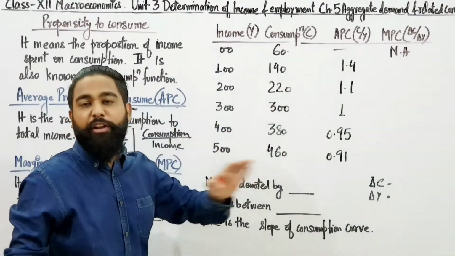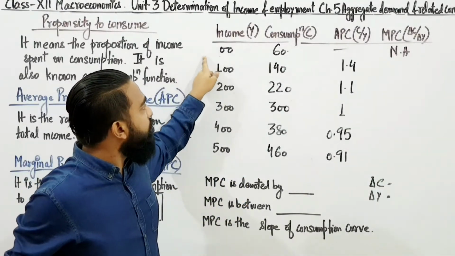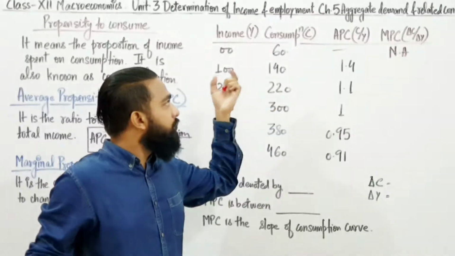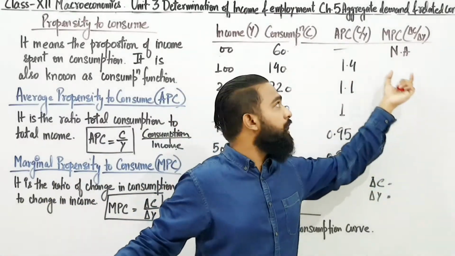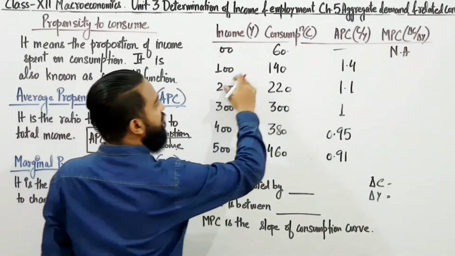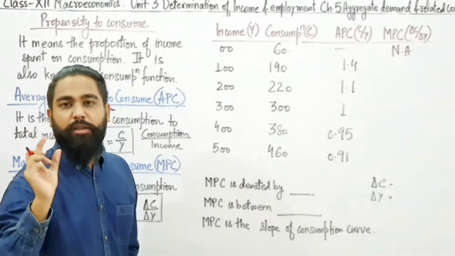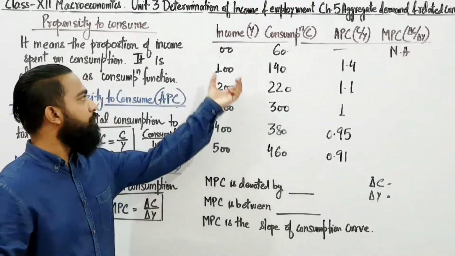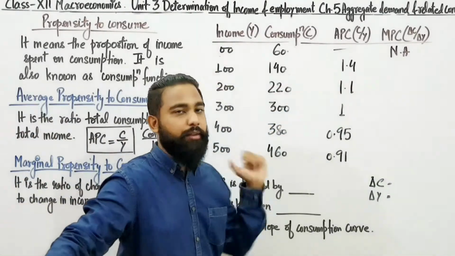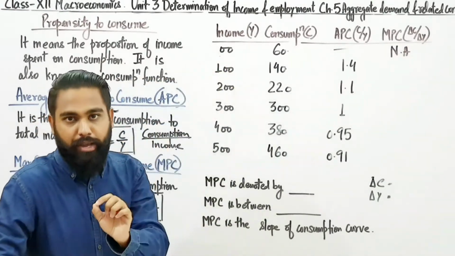There is no level of income where we can write it as minus 100. So at the level of income 0, the values of delta C and delta Y cannot be determined. We start from the level of income at 100, where the change in consumption and change in income can be determined.